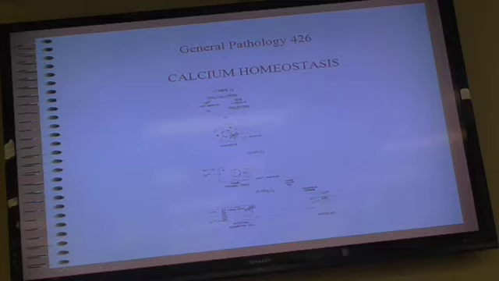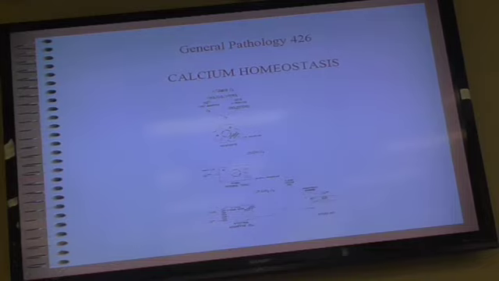Liver or kidney? It's in the kidney. That's where the most active form is produced. And what does that cause? Well, that interacts with the calcium pool, and what you're trying to do is maintain an adequate blood level of calcium.